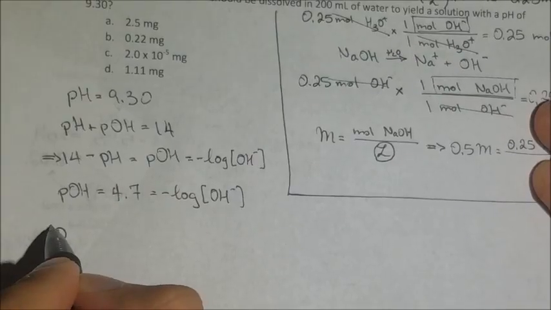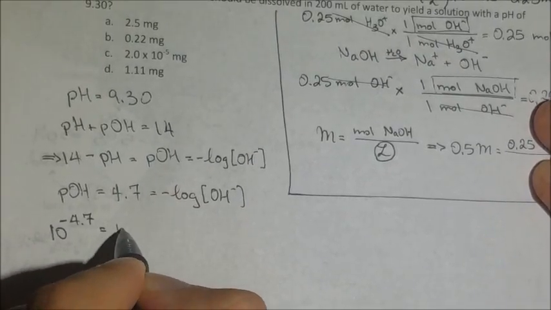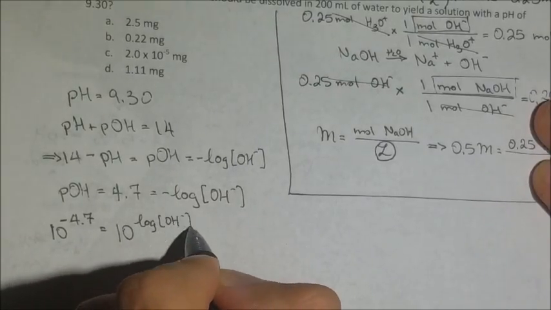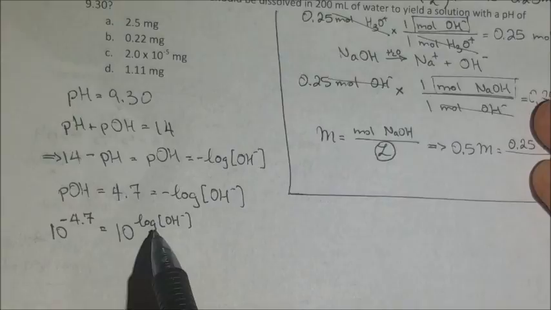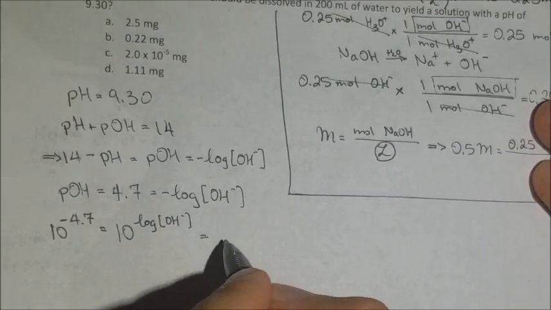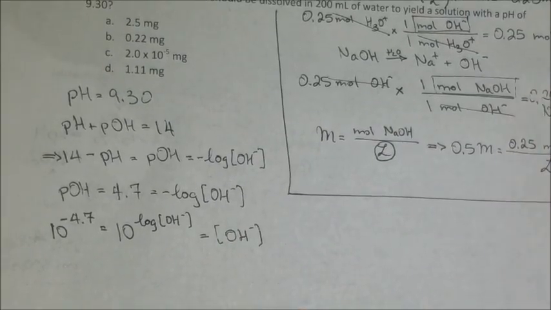So let me go ahead and do this. 10 to the negative 4.7 equals 10 to the log of the hydroxide concentration. And remember, log is base 10, so when I take 10 and raise it to this power, it cancels out my log. So it leaves me with just the hydroxide concentration.